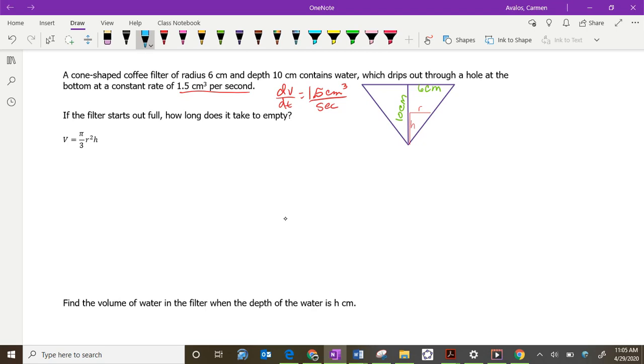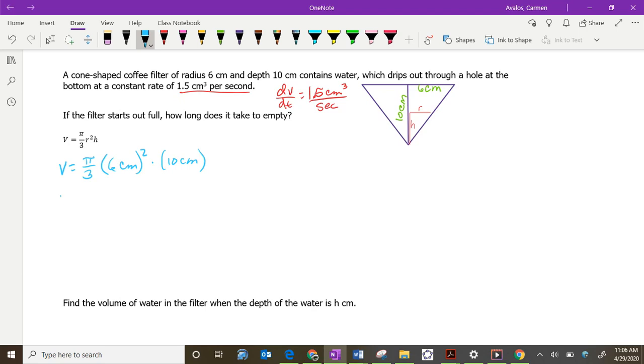Okay, so we start with V. This is going to be pi over 3, times r, the radius, 6 centimeters squared, and then times h, which we said was 10 centimeters. I'm not squaring that, just the radius.